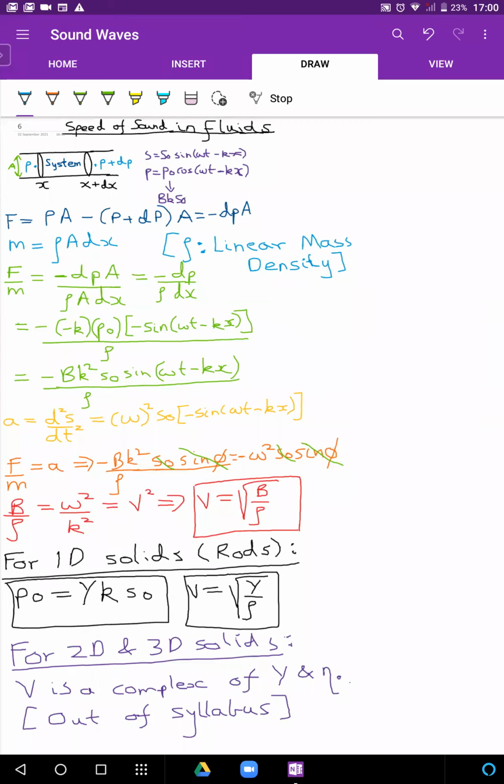And the way it propagates in 3 directions, it not only causes compressions and extensions, it also causes changes in shape. And the way a solid responds to a change in shape involves the use of eta. Therefore, it's not going to be similar.